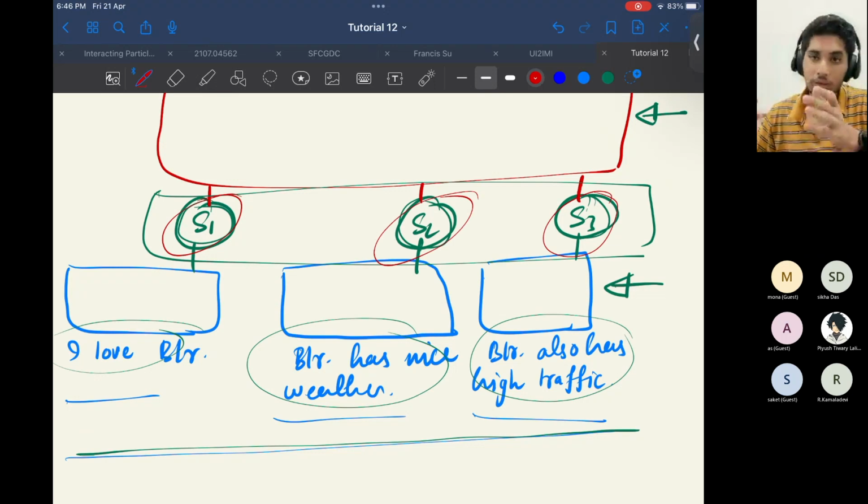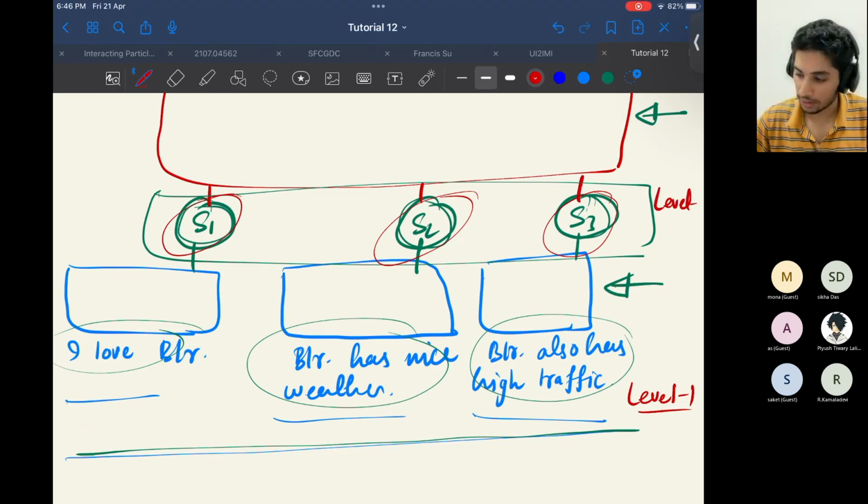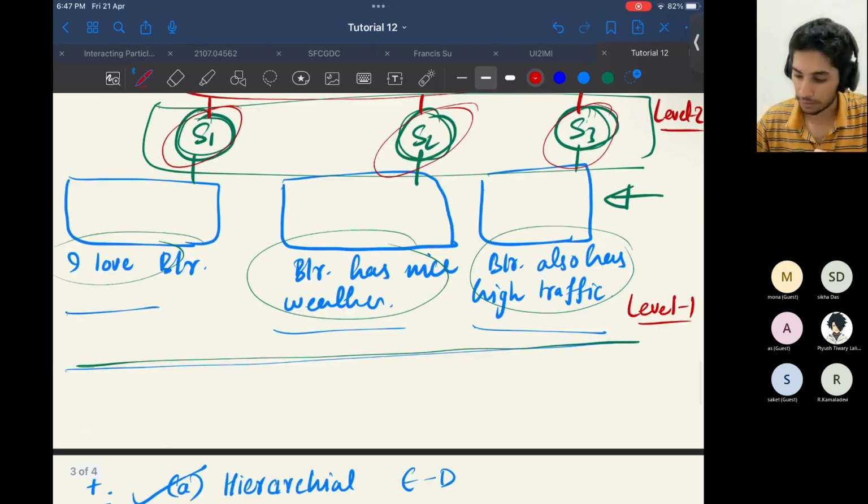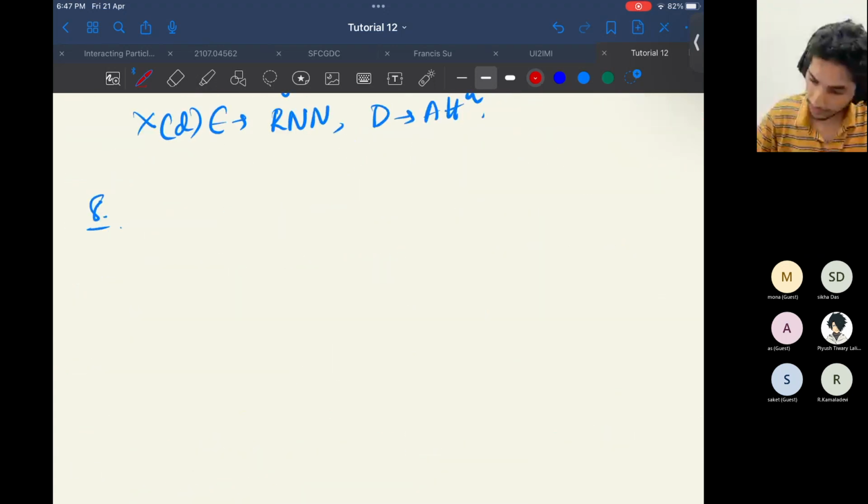You can think of the first as level one, because it was very complicated, and this as level two, where things became a bit simpler. So there were two levels here. So in a document summarization task, you have a sequence of sentences.